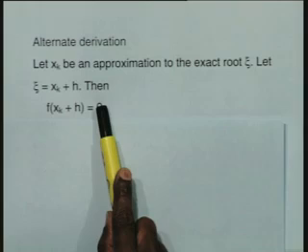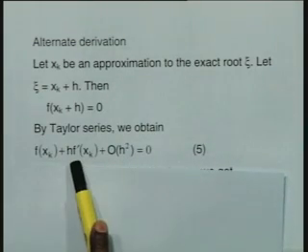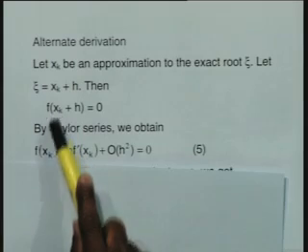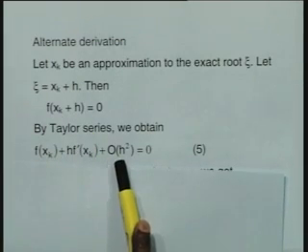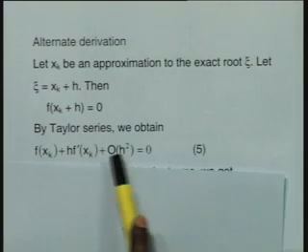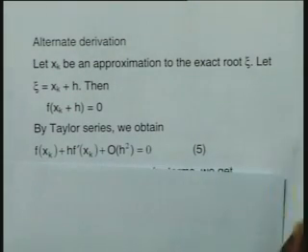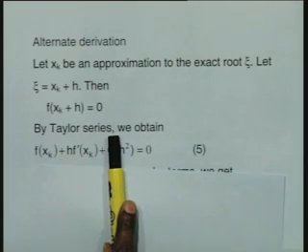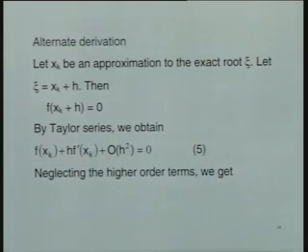Now just open it up by Taylor series, write down the Taylor series and retain only the first term. So f of xk plus h times f prime at xk plus order of h square terms, the higher order terms. Then to derive the Newton-Raphson method, we simply drop the second or higher order terms, the order of h square terms.